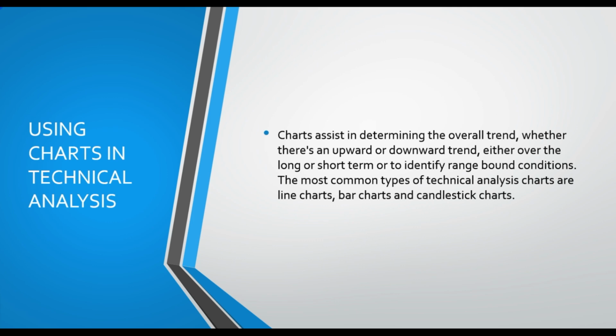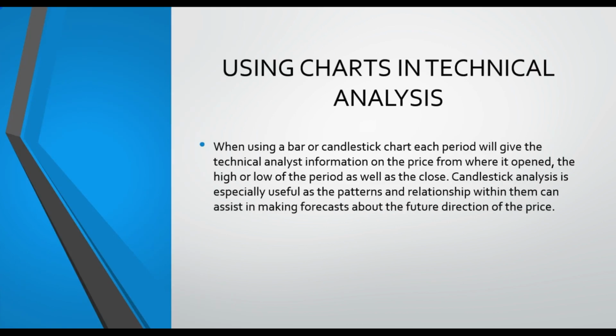Charts assist in determining the overall trend, whether it's an upward trend or a downtrend, either over the long or the short period. The most common types of technical analysis charts are line charts, bar charts, and candlestick charts. But today, candlesticks are outshining all the other types of charts.